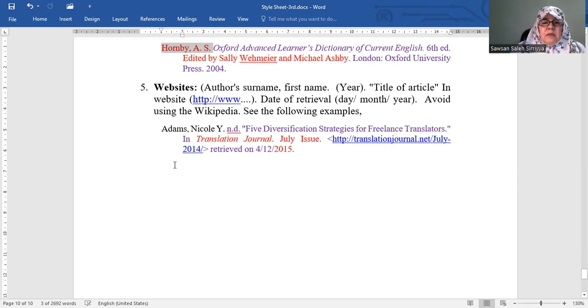When we come to websites, the author's surname, if it is available, then first name, then the date, title of article. You can put the date at the end, or at the beginning. In a website, you write the website between these, you have to use these.